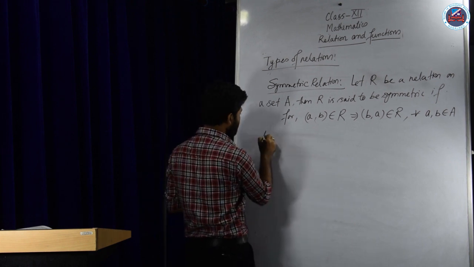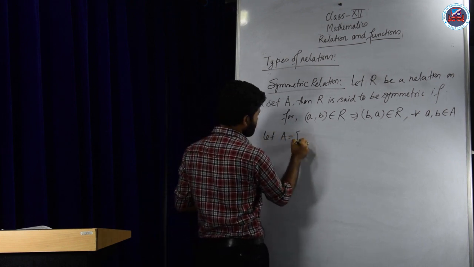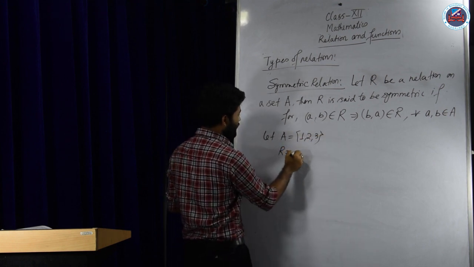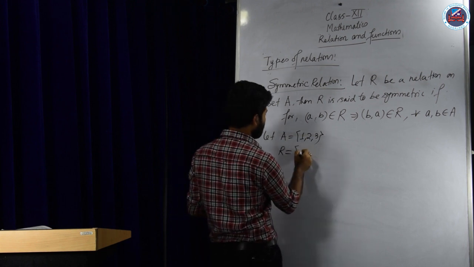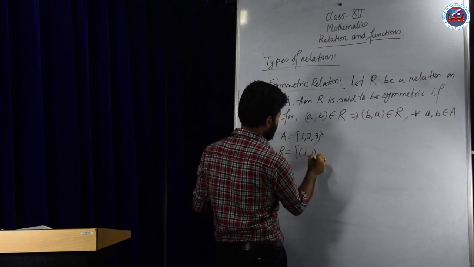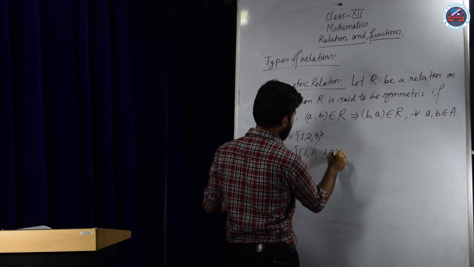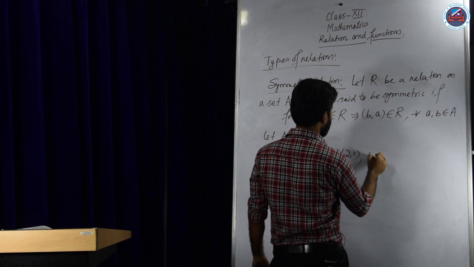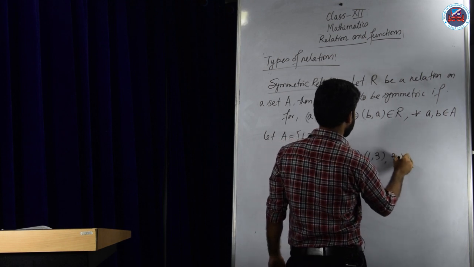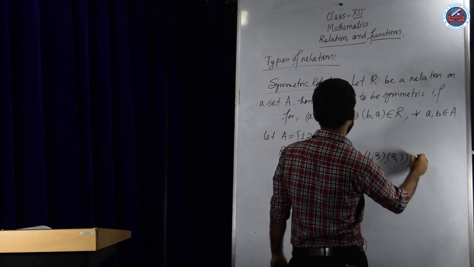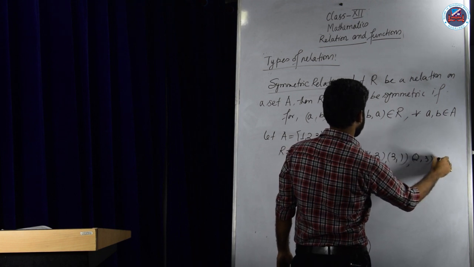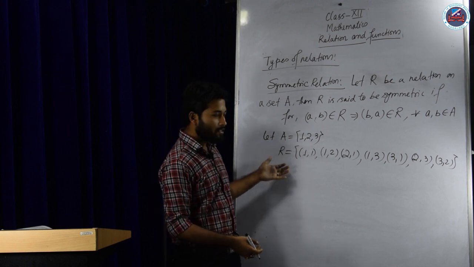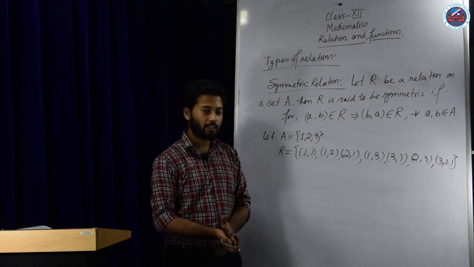Let us see an example. Let A equal {1, 2, 3}. Then a relation R, if I write {(1,1), (1,2), (2,1), (1,3), (3,1), (2,3), (3,2)}. Is it a symmetric relation? How to check it?